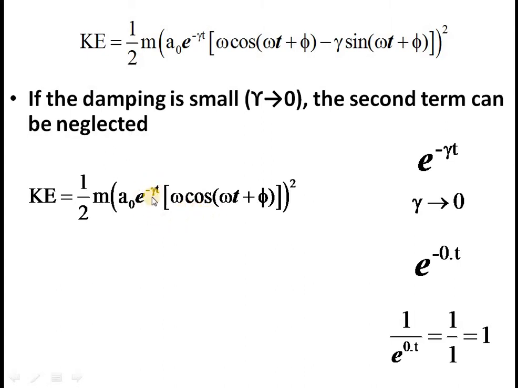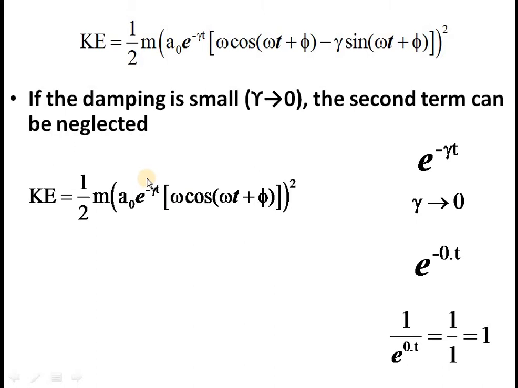You must keep in mind that here there is an e raised to minus gamma t. We said that gamma is very small, so you can write gamma tends to 0. If gamma is suppose 0, we get e raised to minus 0, which you can write as 1 by e raised to 0, that is 1 by 1, equal to 1.